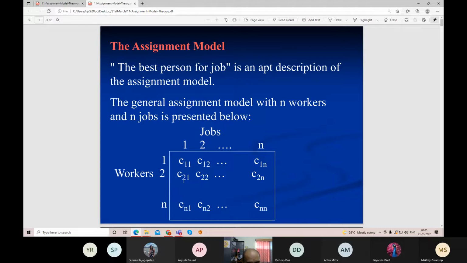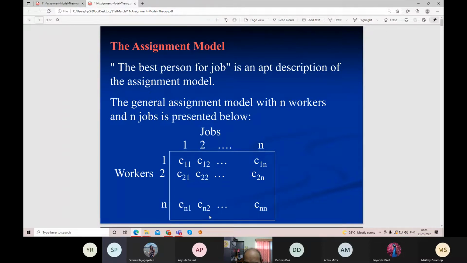Similarly, C21 is the cost for the second worker to complete the first job, C22 is the second worker completing the second job, and C2n is the second worker completing job n.